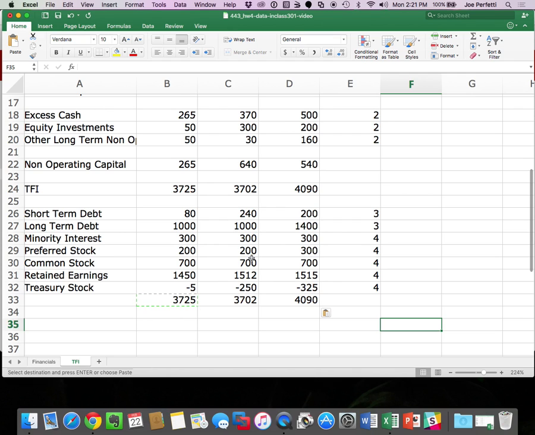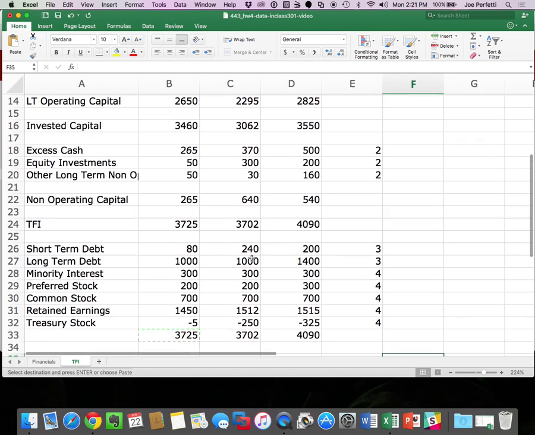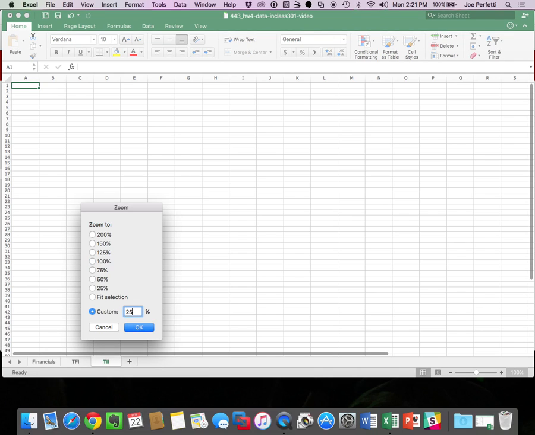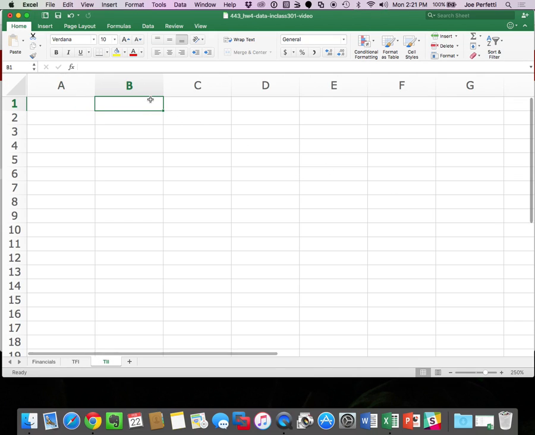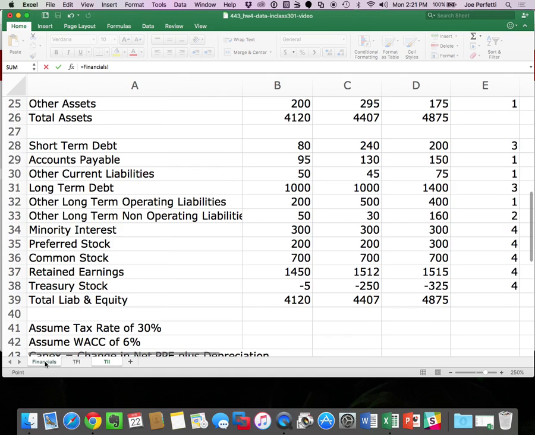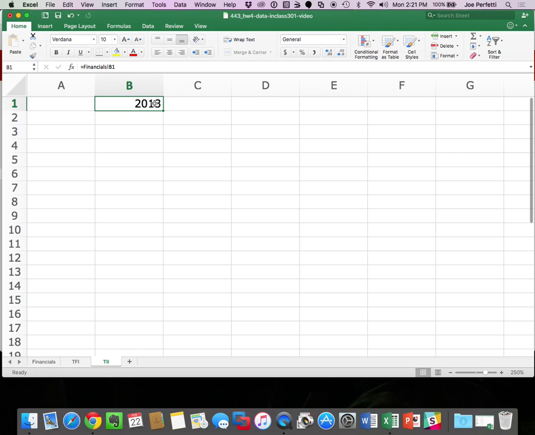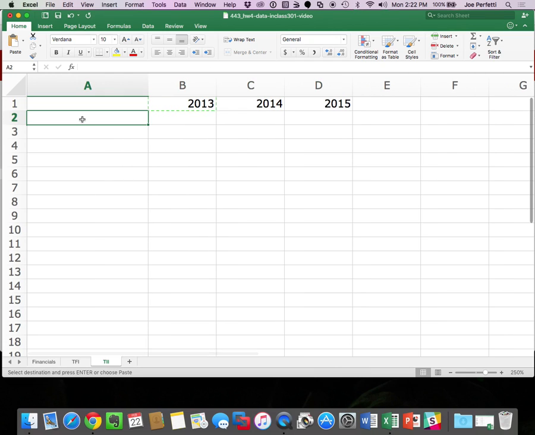All right? Now, that was TFI. Second, we want to do the same thing with the income statement, TII. Again, make it a little bit bigger, a little easier to see. Equals my 3 years, relative references. So what do we start with?